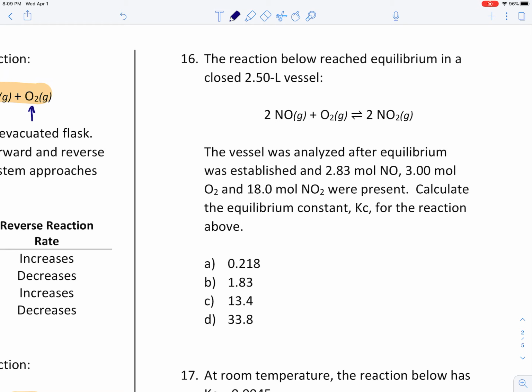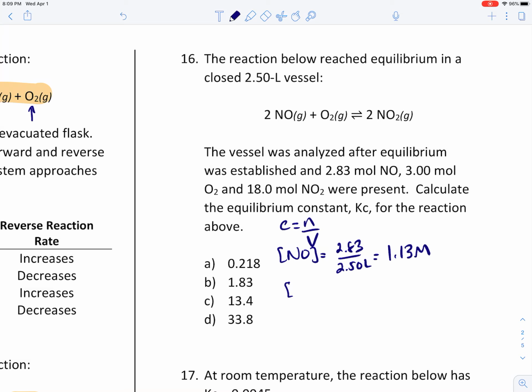We want to calculate Kc. So we're going to use the formula C equals moles over volume, and we can say at equilibrium, the concentration of the NO gas will be 2.83 moles divided by 2.50 liters, gives me a concentration of 1.13 molarity.